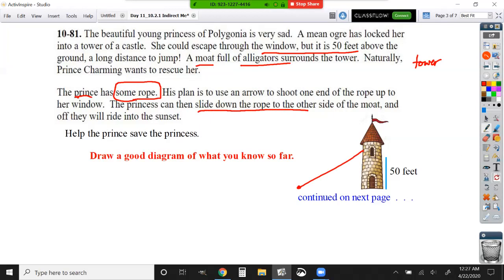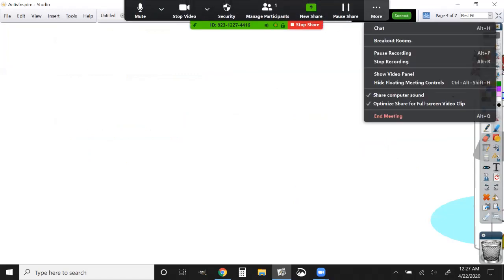Okay, so let's see here. A good drawing. We need a good drawing of this. So I'm going to do a little bit of work right here just for a moment. Okay, so we need to do a little bit of drawing on this problem here. So I know that there's going to be some water because there has to be a moat.